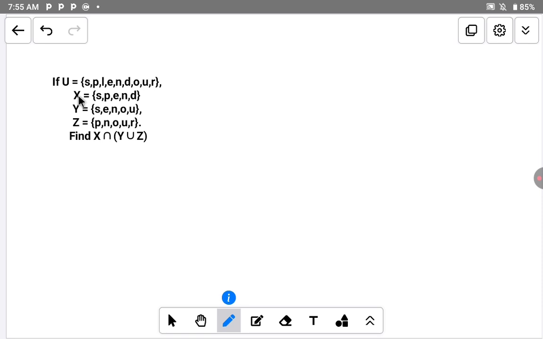Everything in sets S, Y, and Z can be found in the universal set.